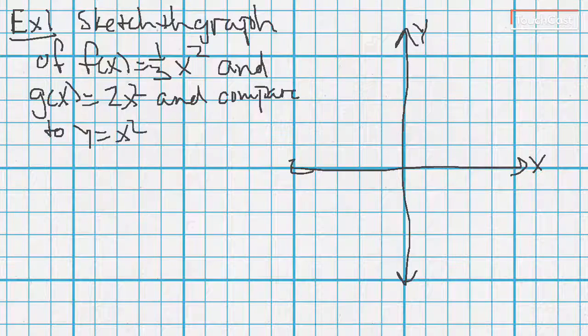Now here in black, I'm going to first graph y equals x squared. If I were to plug 0 in for x, I'm going to get 0 back for y. If I plugged in 1 for x, I'm going to get 1 back. If I plug 2 in, I'm going to get 4 back.